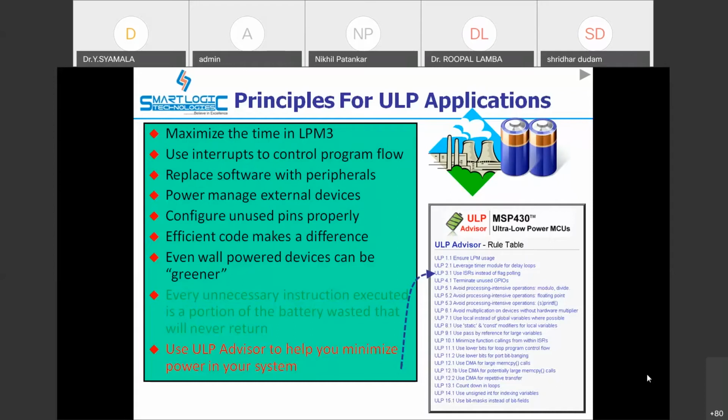This is again a job of the hardware designer, how we can manage the power of the devices which are interfaced to your MSP430. For example, I have interfaced an LCD, and suppose I am not going to display anything and my CPU is idle.